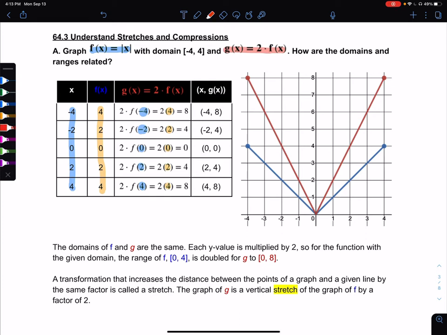Then we're going to look at g of x, and we want to compare f of x and g of x. So for g of x, what we did is we took the values -4, -2, 0, 2, and 4, and those are plugged in as our x values. And we still found f of -4, which we know was 4, and that's where these numbers come from. Function g tells us to multiply by this 2 here, so we're multiplying our results from f of x by the constant of 2, and you'll get your new numbers here. Those new numbers are your y values, or your g of x values.